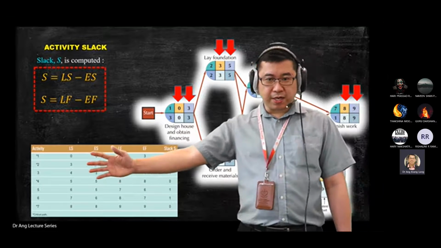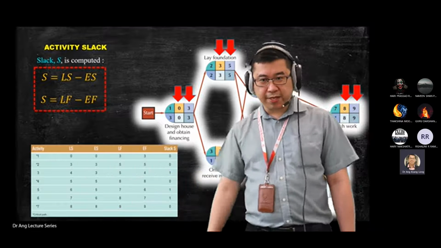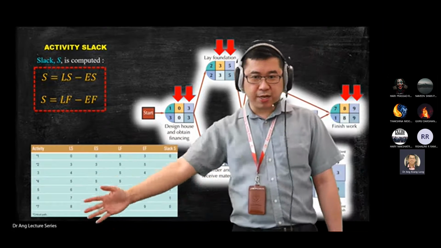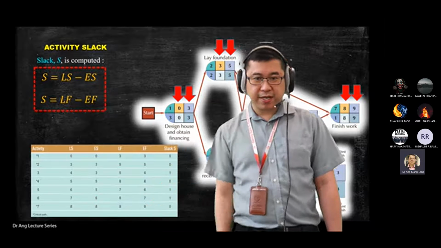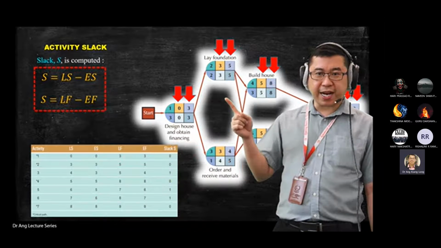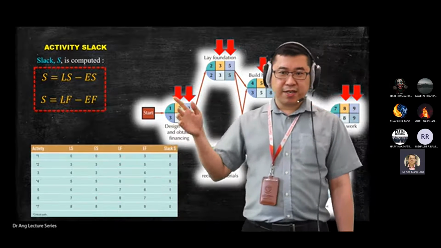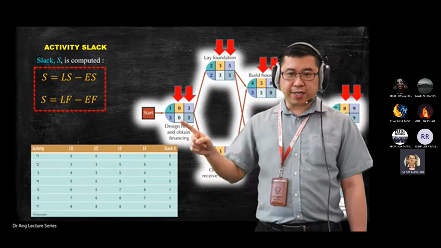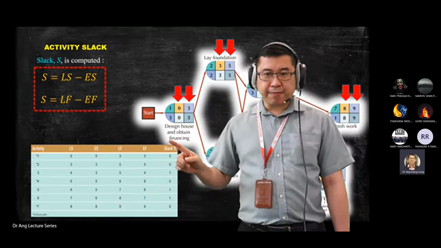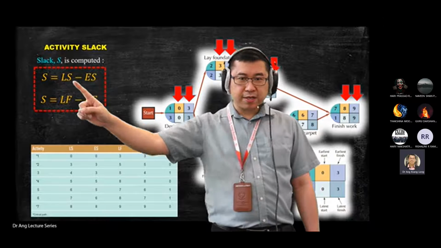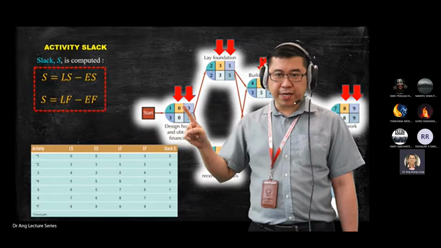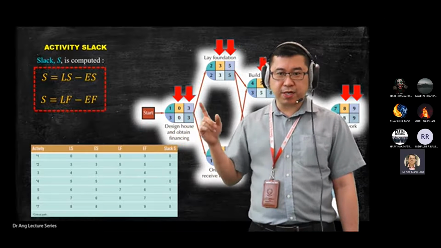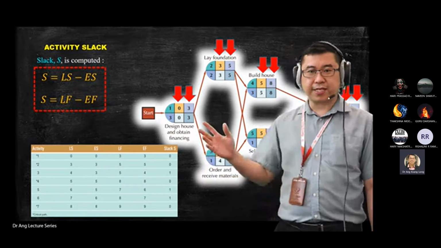So as you can see from the table, if you take this one minus this one, if they are critical path, they are highlighted with the red arrow, or the same number, the slack number is what? 0. Because this one minus this one, you always get 0, because they are the same number.